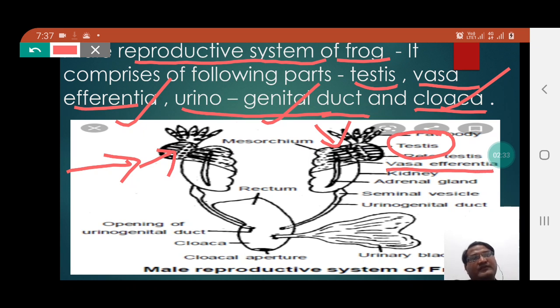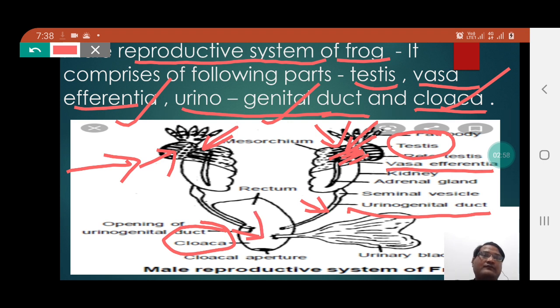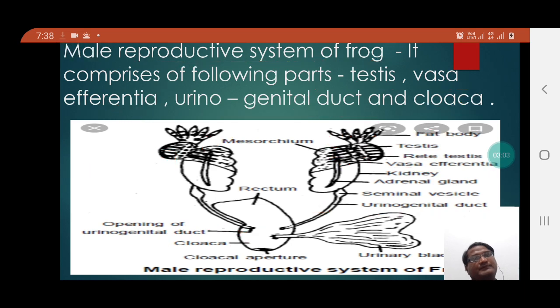So students, this is the vasa efferentia which you can notice here, the tube like structures, and thereafter we can find the urinogenital duct which is the pipe like structure, and finally the cloaca which releases the sperm outside the body of frog.